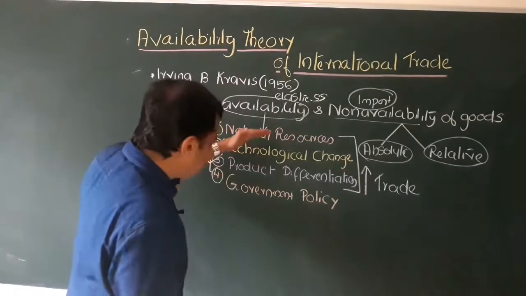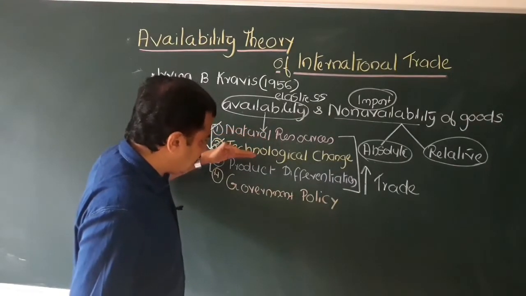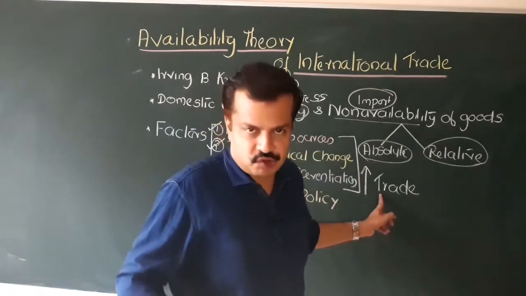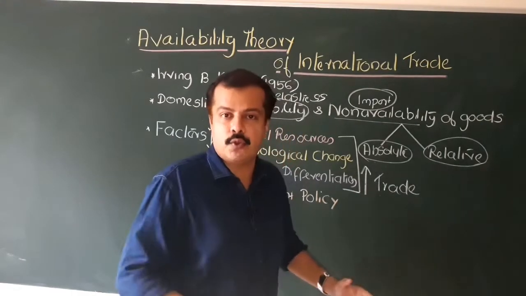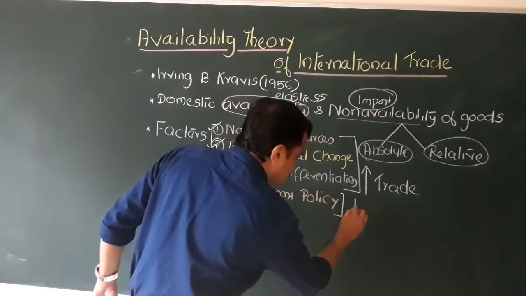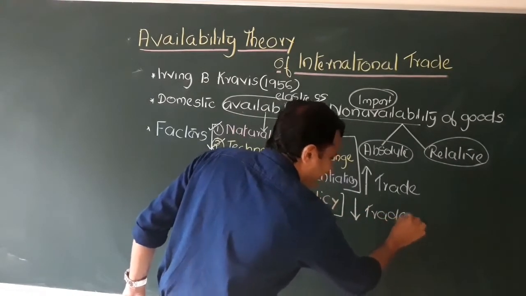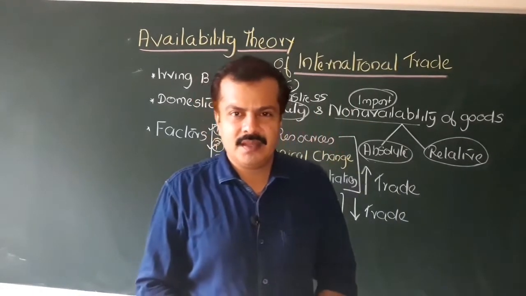Now, these 3, the natural resources, the technological change and product differentiation, according to Kravis, will increase international trade, or will have a positive influence on the volume of trade. But according to him, the government policy will in fact have a discouraging effect, or what he called a dampening effect on international trade.